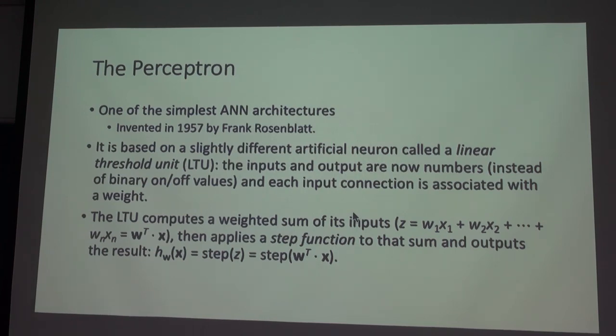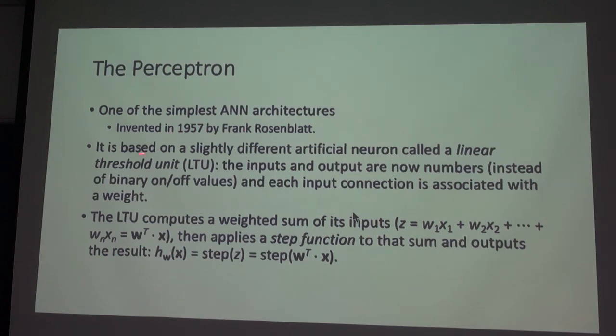It's called the perceptron. The perceptron is one of the simplest AI architectures, invented in 1950 by Frank Rosenblatt. He is one of the very famous computer scientists who made significant contributions to AI in the early stage.